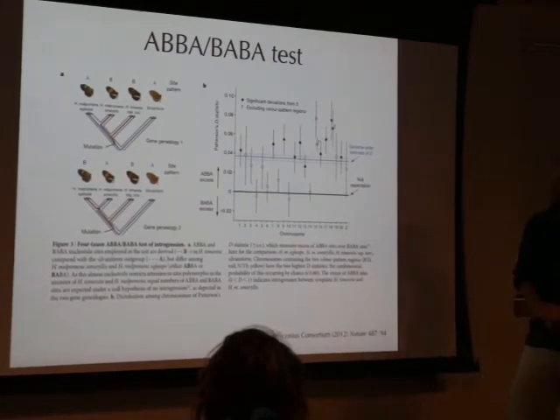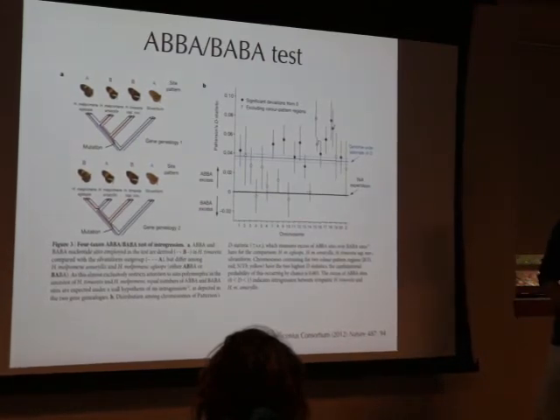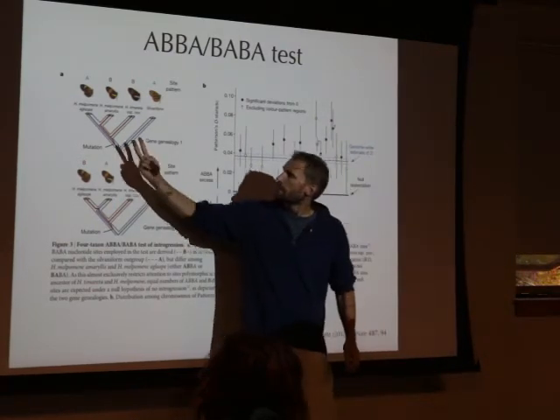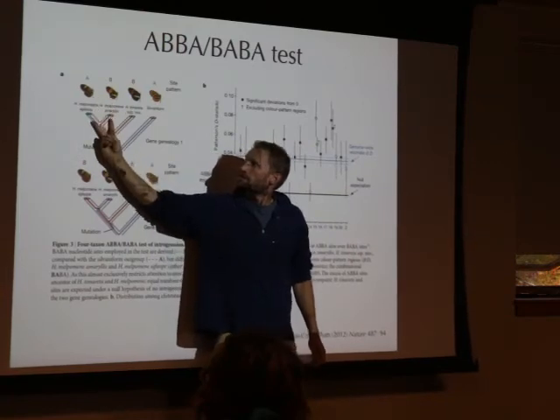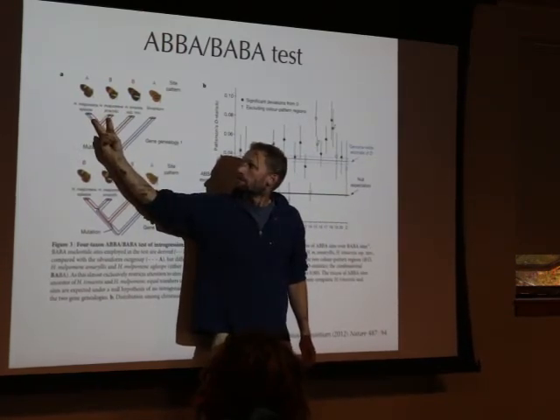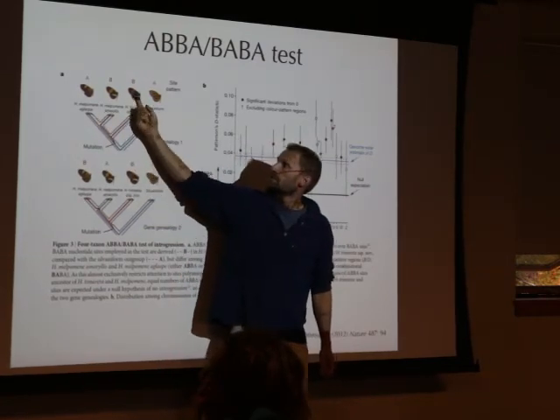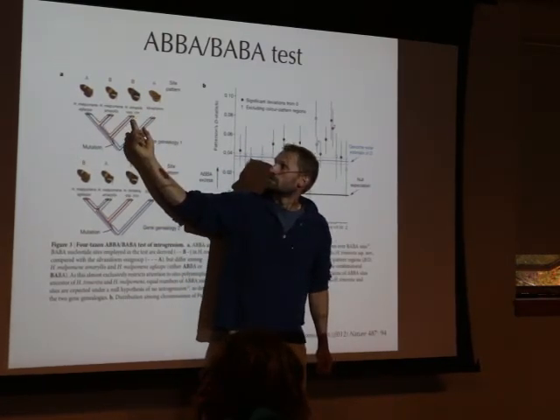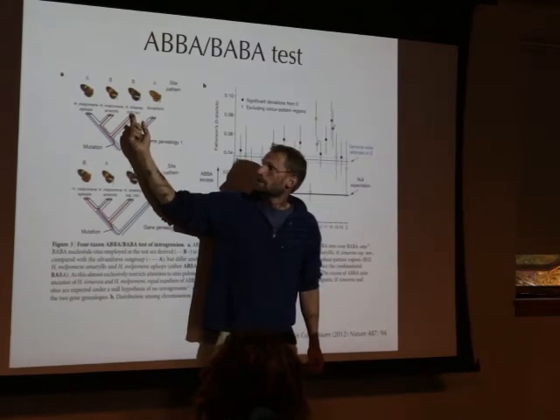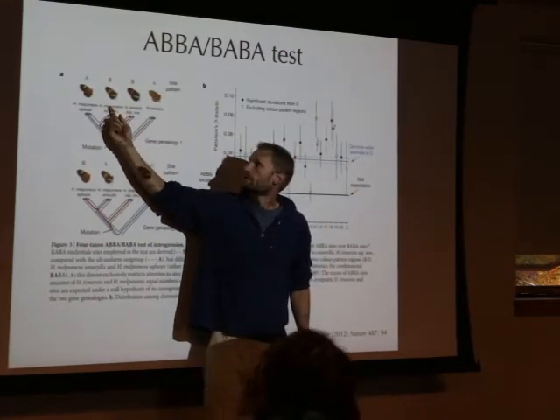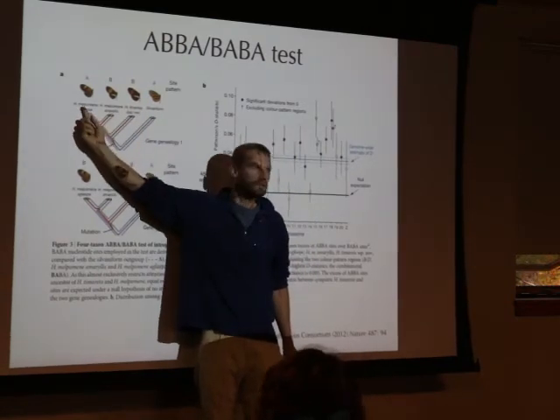This is getting back to that same Heliconius butterfly example that I showed before. If these are the two species you're interested in, and you're looking at whether there is introgression from this third one, you can ask whether there's a signature of introgression from this one into here, or this one into here.